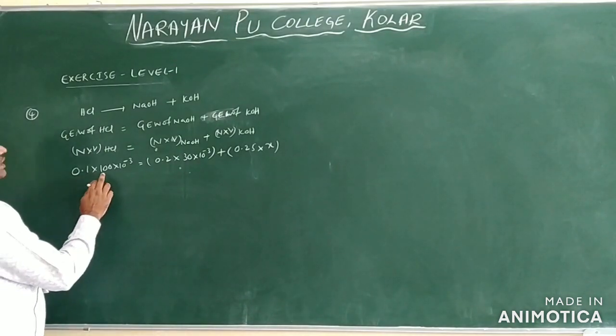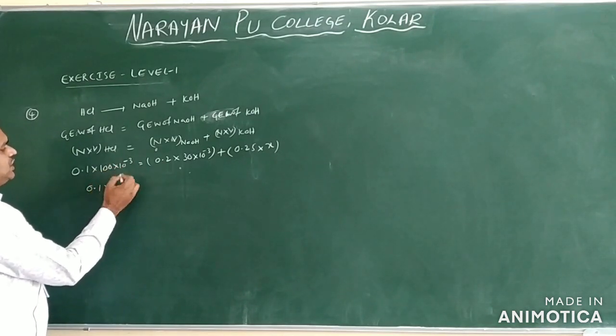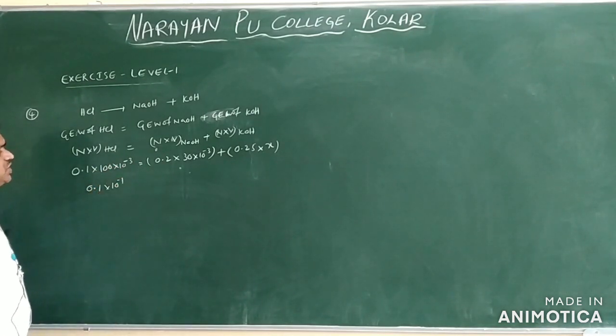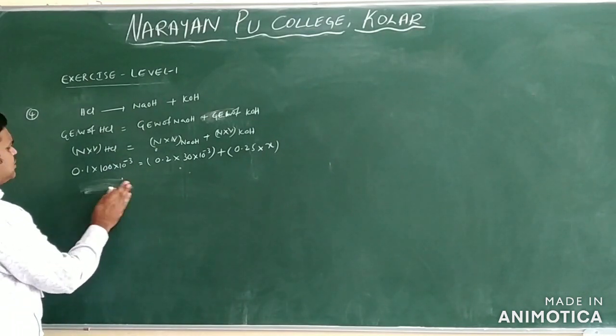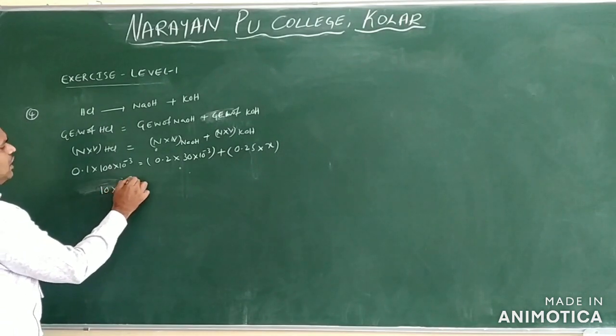So what you will get here: 0.1 into 100 is 10, into 10 power minus 3.